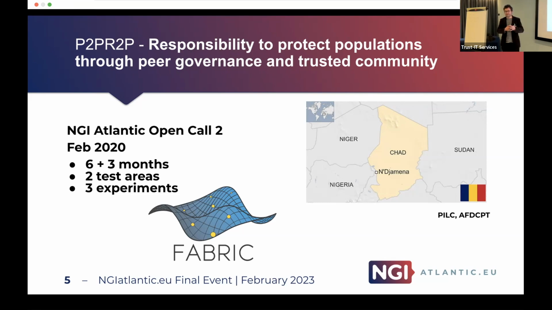It was 6 months plus 3 months, because at first there was a delay with the Fabric test bed, and we got access very late, but we were the first to get access to it. And in Chad there was not only a coup d'etat, but the former president Idriss Déby was shot during the 6 months, so it was very difficult to deploy our technology there.